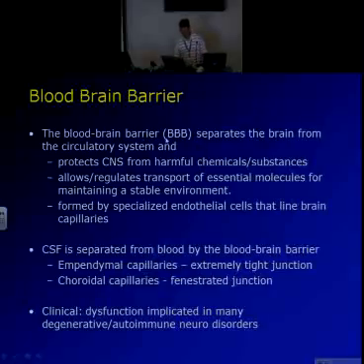A lot of the thought process is there's some dysfunction with the BBB that's allowed something to get in there that shouldn't, and that may be the trigger for the autoimmune response. It may be the trigger for whatever pathology is being discussed, but that's where a lot of clinical research in the neuro world is looking.